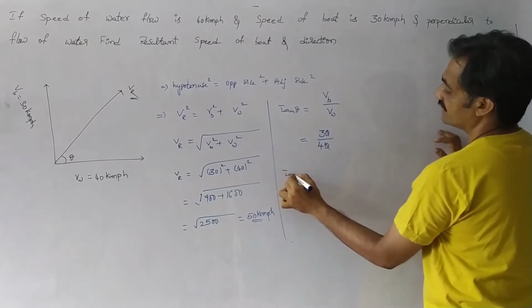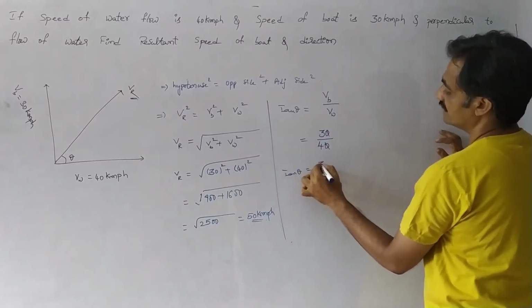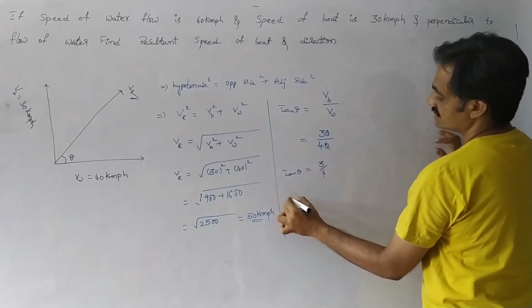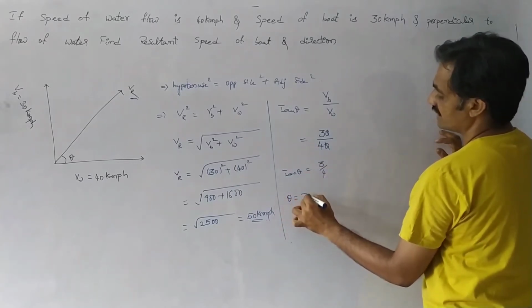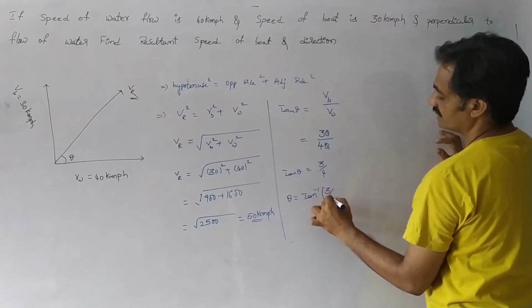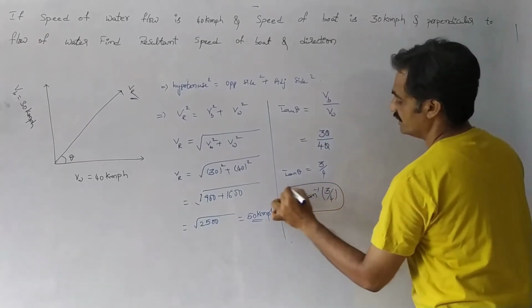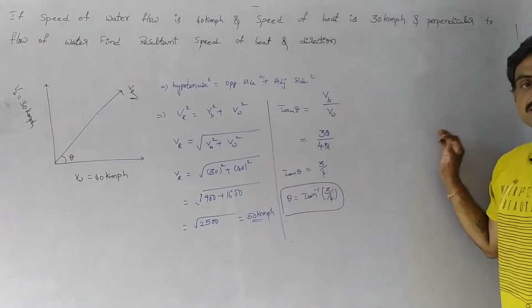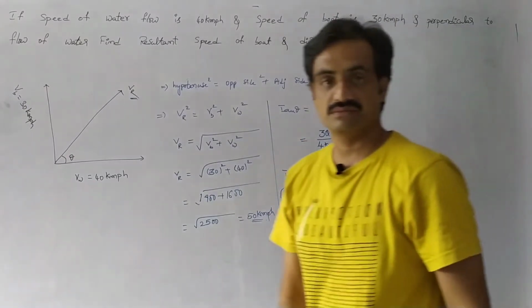Then we get tan theta equals 3 by 4. Based on that, we can write theta equals tan inverse of 3 by 4. It represents the direction of the boat. Take a screenshot. We will continue.